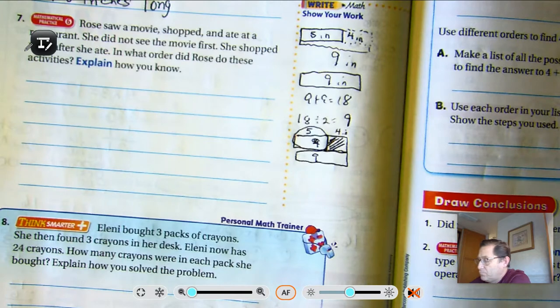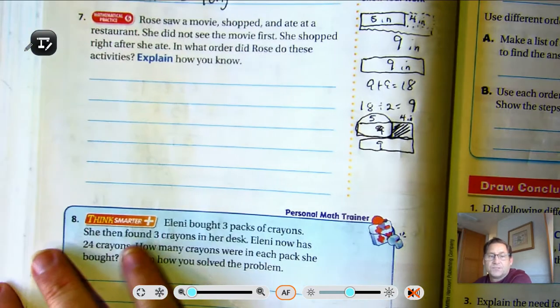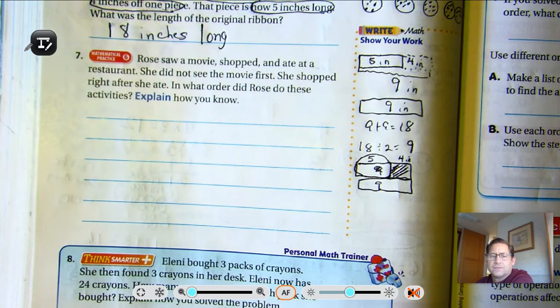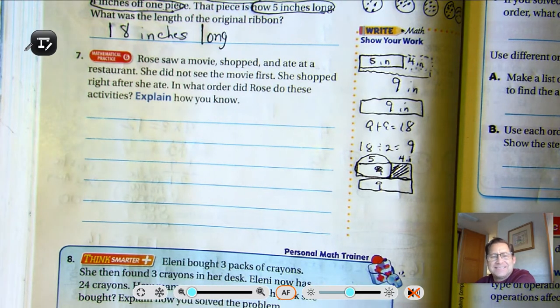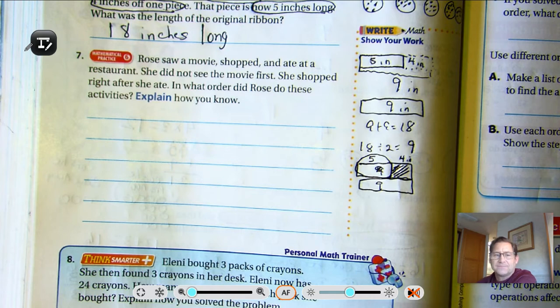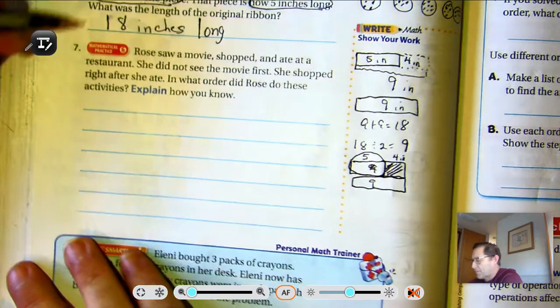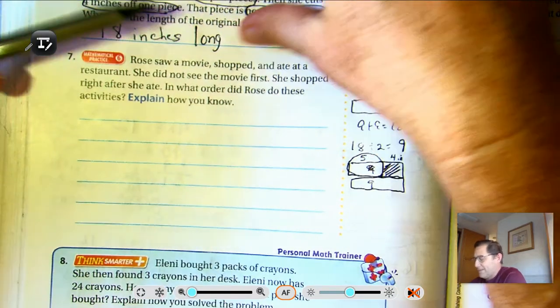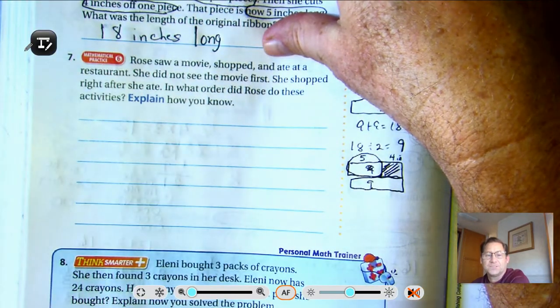Number 7. Rose saw a movie, shopped, and ate at a restaurant. She did not see the movie first. She shopped right after she ate. In what order did Rose do these activities? All right. So let's see. She didn't see the movie first. So she either had to shop or eat first.